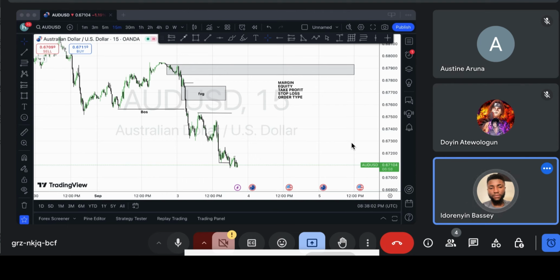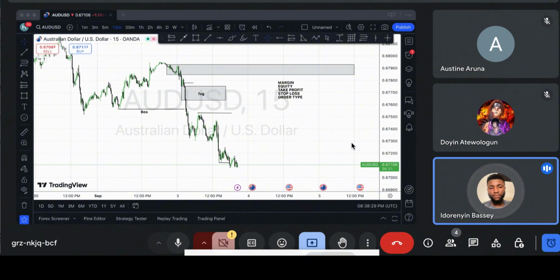You can choose to use unlimited leverage, but the more leverage you use, the more profit your account can make, but it also exposes your account to more risk. So it has advantages and it has disadvantages.